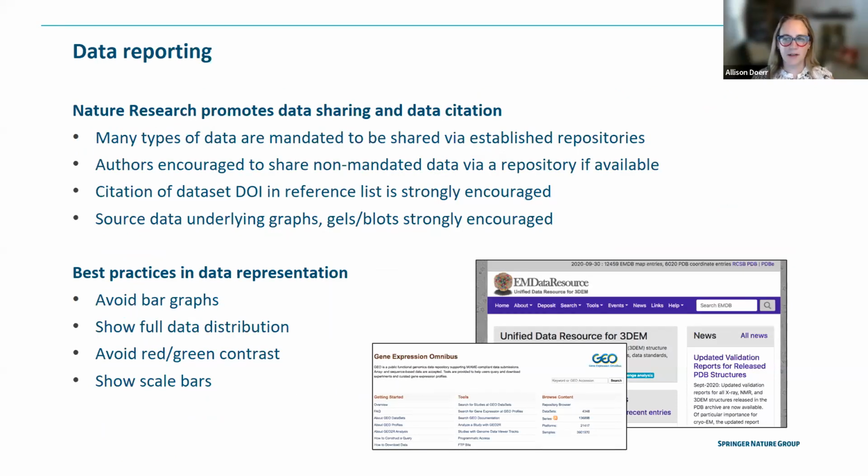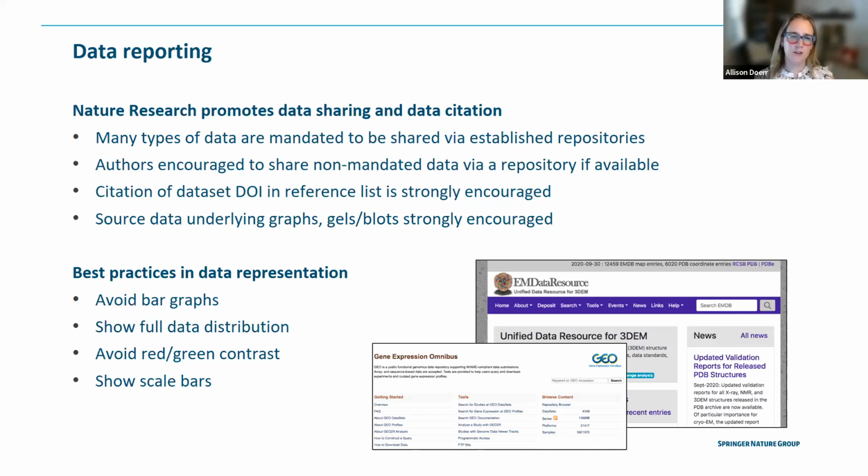So moving on to data reporting, the Nature research journals promote data sharing and data citation as best practices. There are many types of data that we mandate must be shared in an established repository, things like gene sequences, protein structures, et cetera. Of course, there are many types of data that there isn't a suitable repository available, or that we don't mandate a repository because there's not a stable repository at the moment.